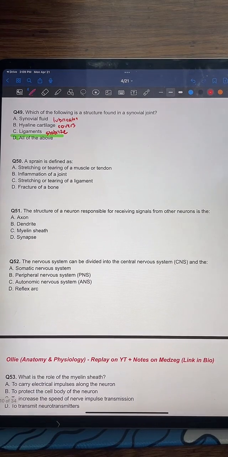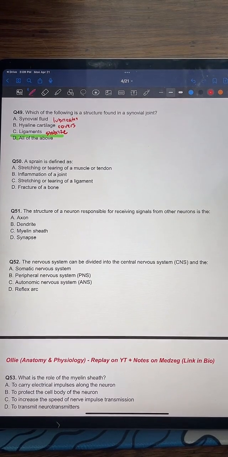Number 50, a sprain is defined as... Fantastic.